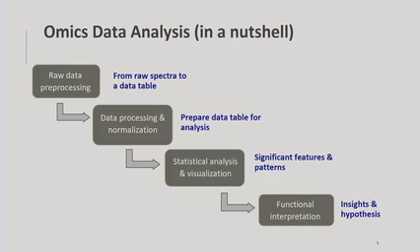This part is very diverse, almost infinite, so you always need to learn the advantages and limitations of different approaches. From here, you need to find the patterns, and from these patterns the significant features, and you want to get functions, insights, and hypotheses.